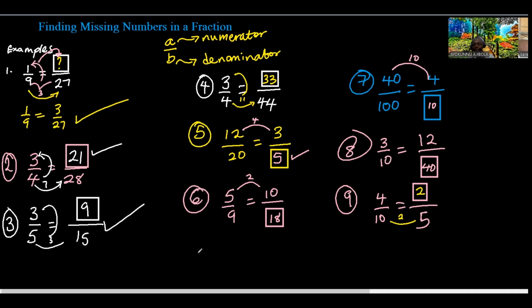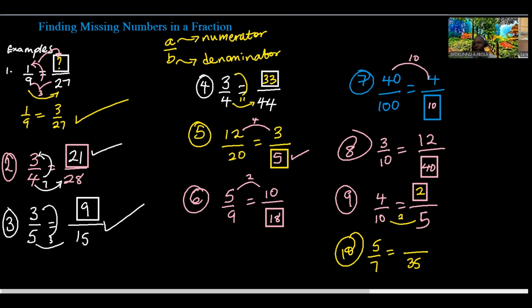So let's look at one more before I allow you to write it down. Number 10. For number 10, let's say we have 5 over 7 equal to something over 35.